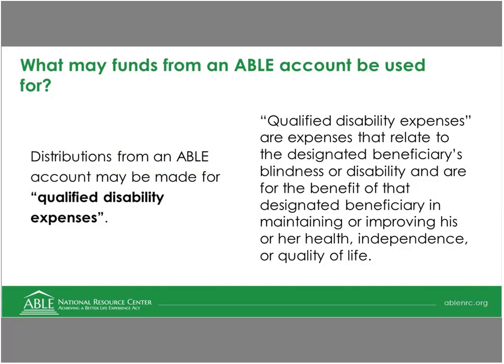Qualified disability expenses are expenses that relate to the designated beneficiary's blindness or disability and are for the benefit of that designated beneficiary in maintaining or improving his or her health, independence, or quality of life.